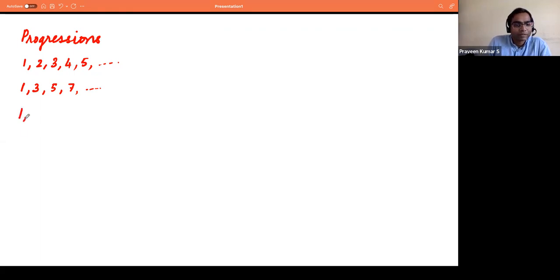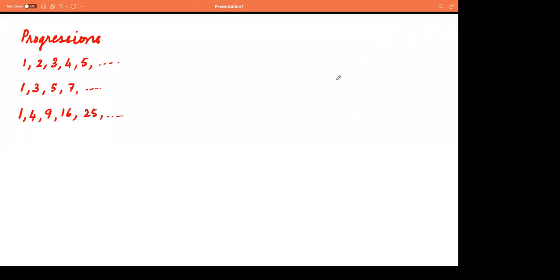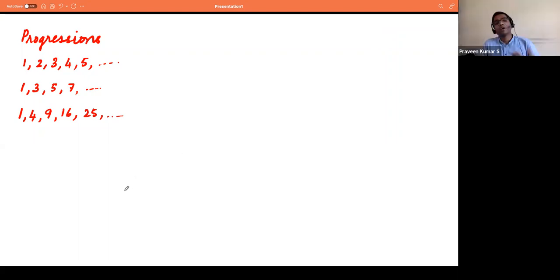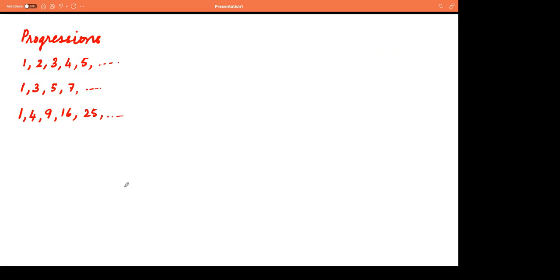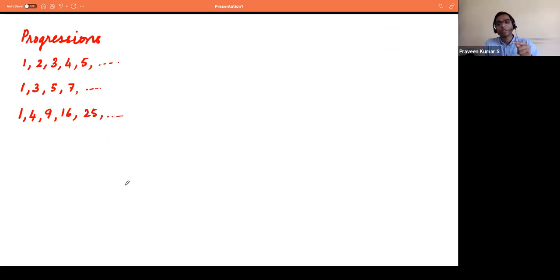Or if I have 1, 4, 9, 16, 25, and so on, what will the next number be now? 36. Yes, 36. And how are you able to predict that? By squaring each of the natural numbers. Now, if you observe, in each of these cases I can write a generic form.